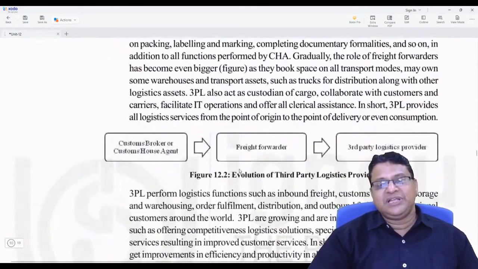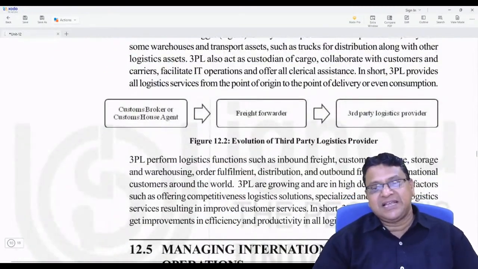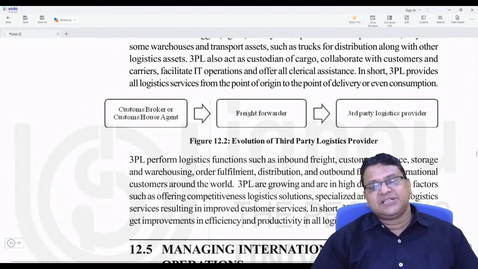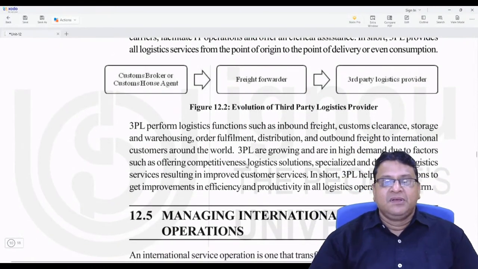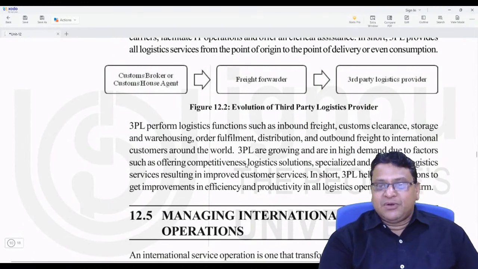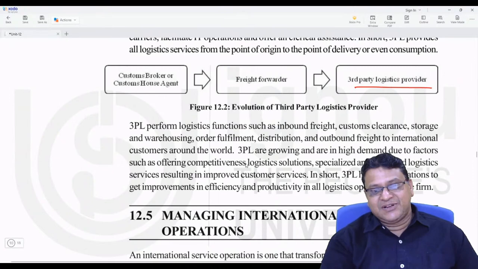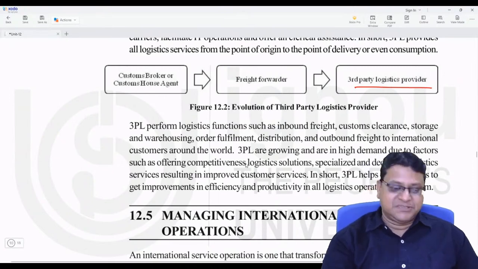They use internet-related techniques for managing the logistics of an international firm. So a third-party logistics service provider does all activities in international operational management.